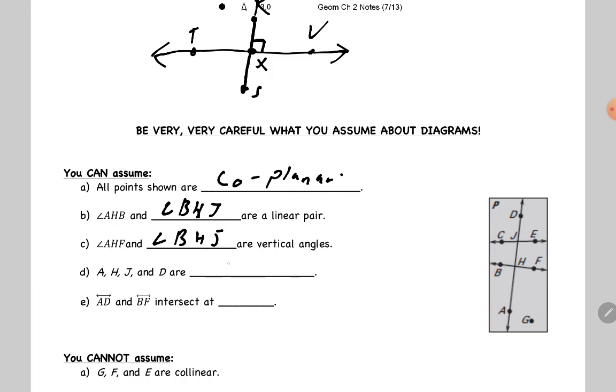A, H, J, and D are collinear, so you can assume things are on the same line if there are points on a line. Part E, AD and BF, so that vertical line AD and then BF, that lower line, they intersect at point H. So you can assume things intersect at those points.